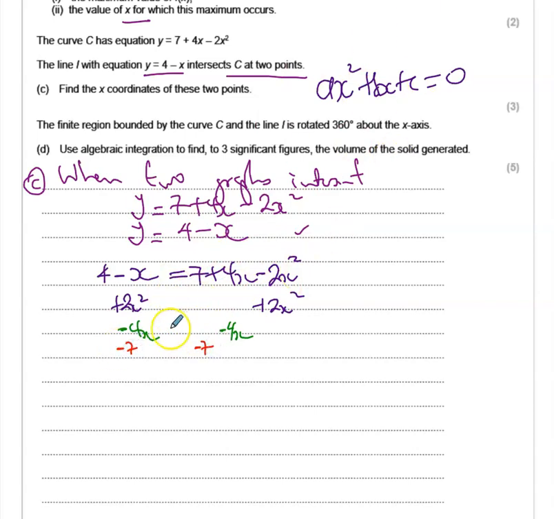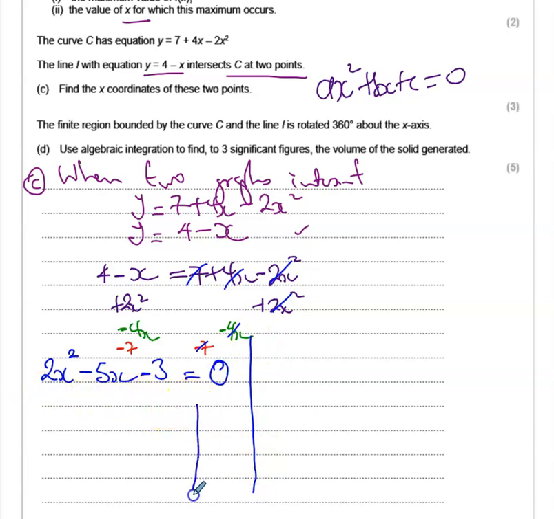Once all that is done, my left hand side is going to look like this. I have 2x squared, then minus x minus 4x gives me minus 5x, and then 4 take away 7 gives me negative 3, and the right hand side is reduced to 0. Now I need to factorize this equation.